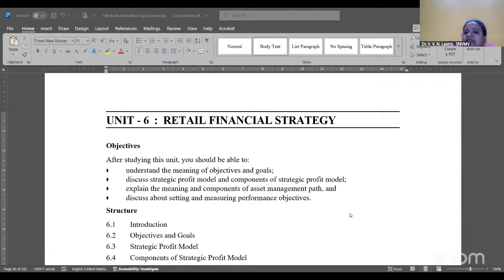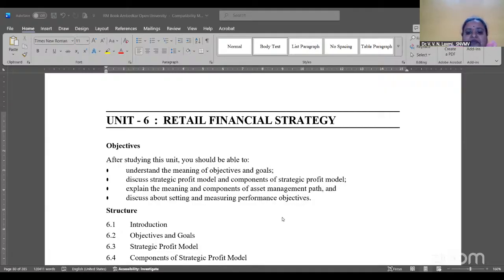Now let us start with the retail financial strategy, what aspects and how we are looking at the profitability or the retailers' financial objectives or financial goals, or financial challenges, however we think about them, and whether the retailer is able to meet those challenges and meet those goals.